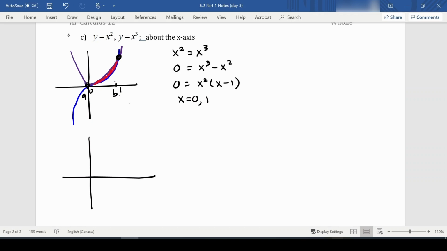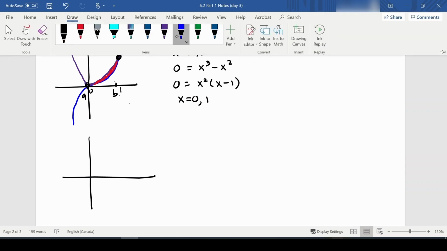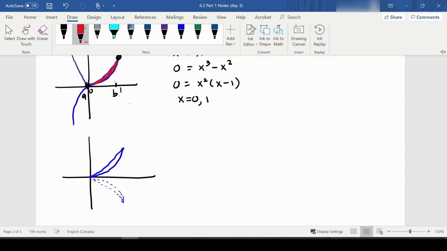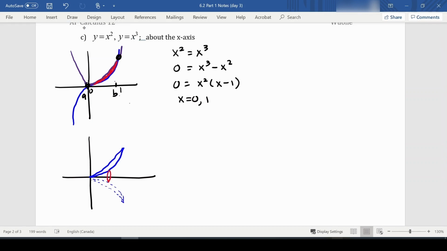We need to figure out what this thing is going to look like as a 3D object. So we have this slab that looks like this. So when it rotates, it's going to look something like this. And we would have two radiuses, an inner and an outer.